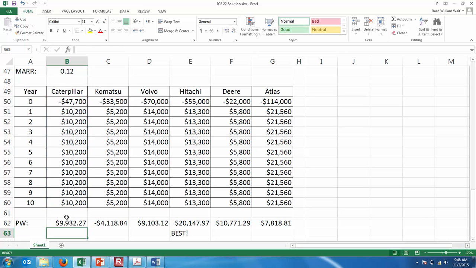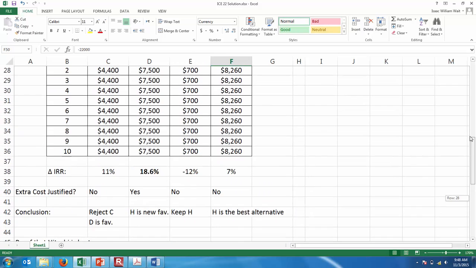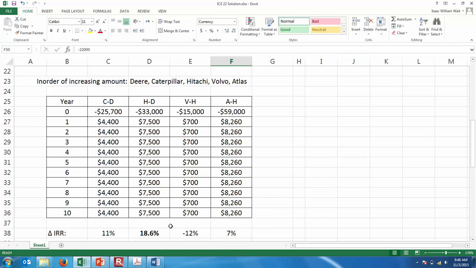And so the best present worth here is the Hitachi. That's the easy way to find out what's best. It's easier just to find the present worth, but going through the incremental analysis tells you why Hitachi is better than Deere. Hitachi is better than Deere because that extra amount you have to spend, the extra $33,000, returns a yield of 18.6%.